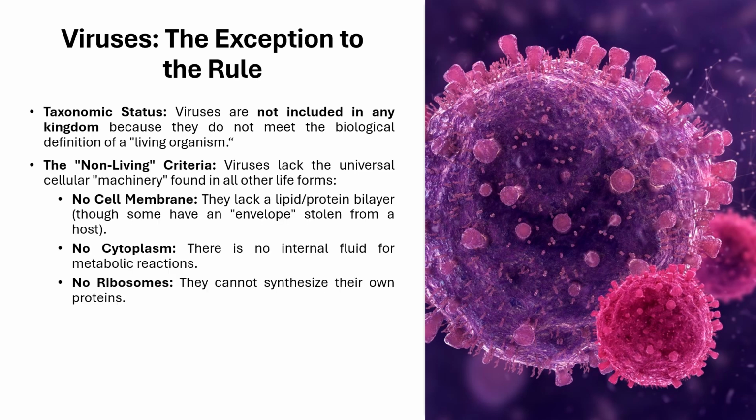Why are they not considered alive? That is a question that arises in our mind because they lack the universal cellular machinery that every other life form possesses. For example, no cell membrane. They don't have their own lipid bilayer. If they have a coat, they usually steal it from a host cell.